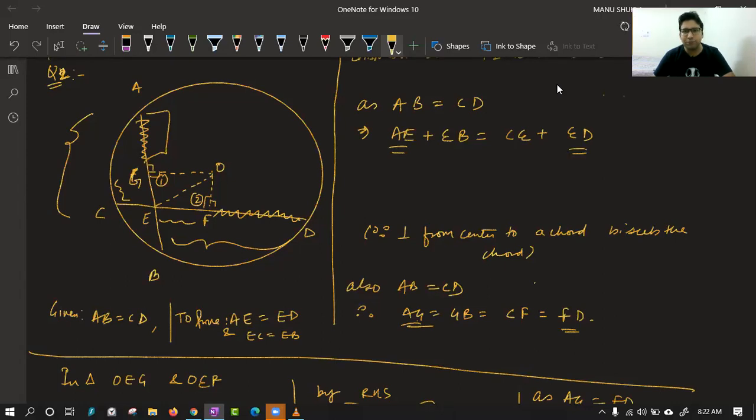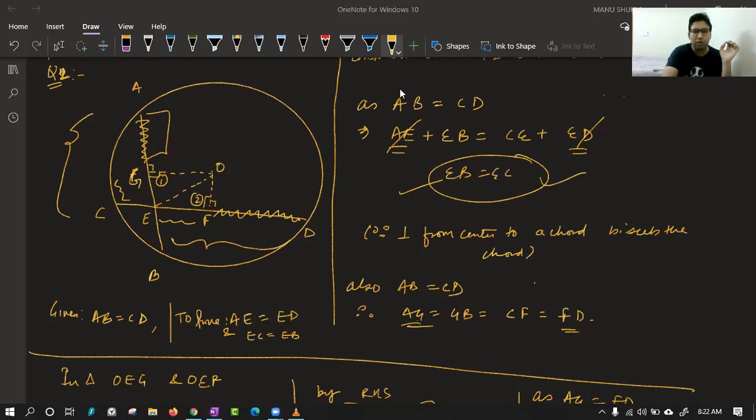That will cancel. What is remaining? EB equal to CE. And with this we can say the second part is also proved. Please confirm if it is okay for you, class. We have proved the larger portion equal. Similarly, we can say the smaller is also equal.